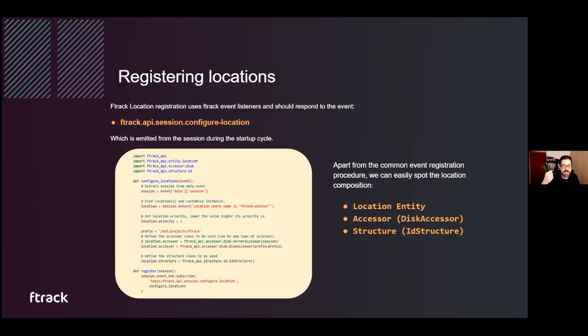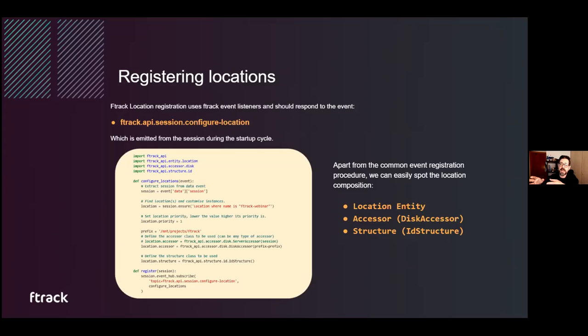Second thing, we're going to set a priority. In this case, we're going to set a priority to 1. And then we're going to have a prefix, which is basically where we want to save our files. And we're going to start creating an accessor. So basically, we're going to tell it this is where my file lives. This is the root file, the root of my path.